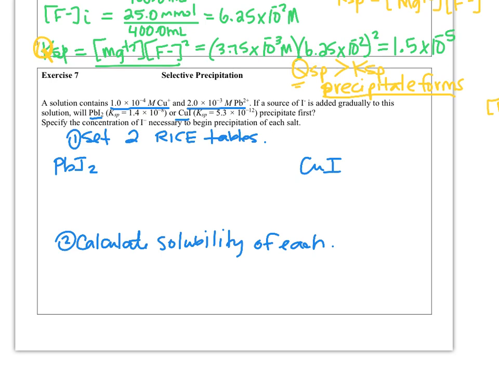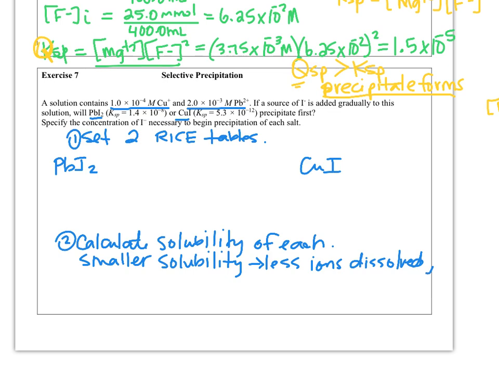The one that has the smaller overall solubility would be the one that would precipitate first. The smaller solubility means it has less ions, that's really what it means. It has less ions dissolved. And so therefore, it's going to have a lower KSP in general, when we solve it.